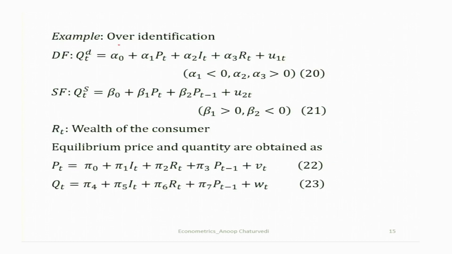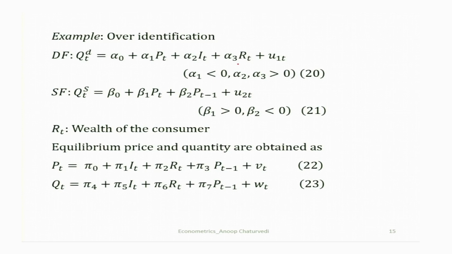Now, we consider the example of over identification. So, suppose your demand function is q t d equal to alpha naught plus alpha 1 p t plus alpha 2 I t plus alpha 3 r t plus u 1 t. And the supply function is q t s equal to beta naught plus beta 1 p t plus beta 2 p t minus 1 plus u 2 t.